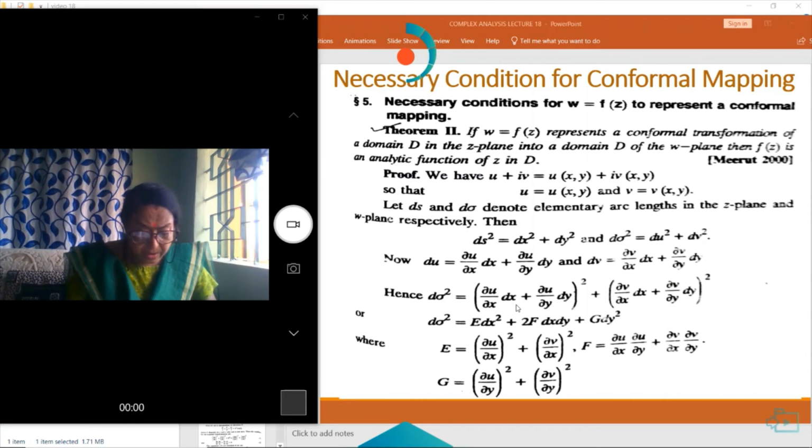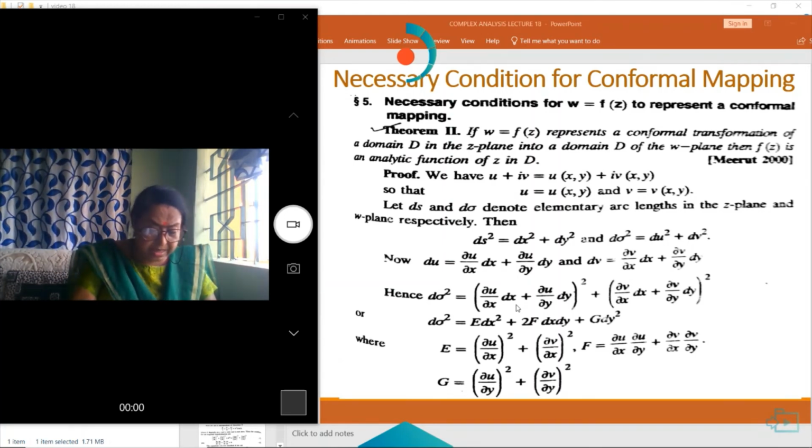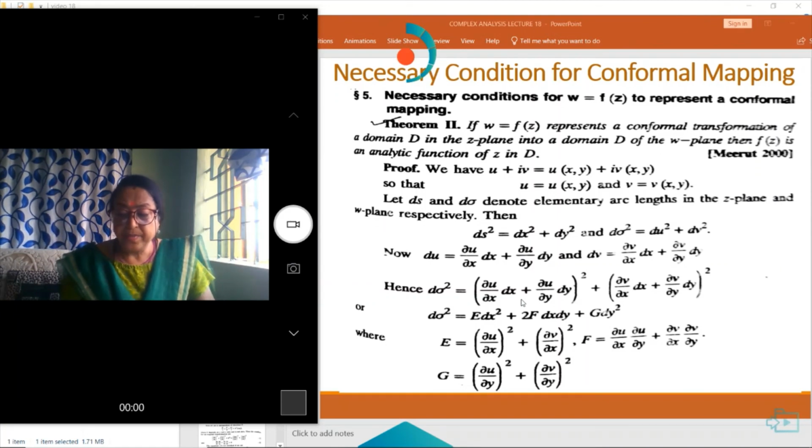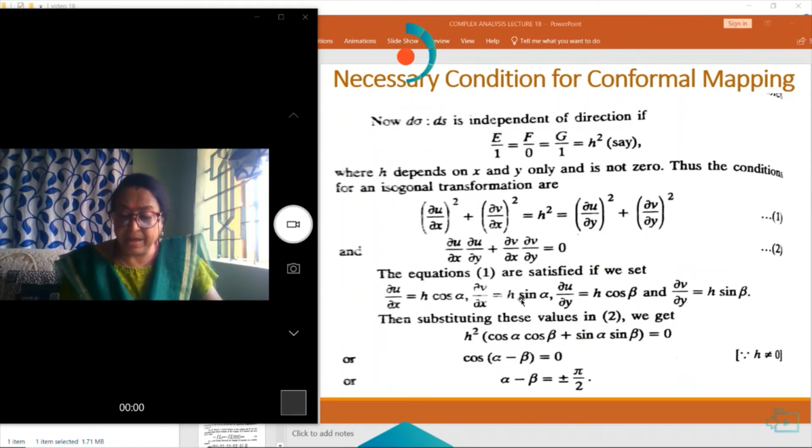Here E is equal to (del u by del x) whole square plus (del v by del x) whole square, and F is equal to this much, and G is whatever is written. So we can write E by 1 is equal to F by 0 is equal to G by 1 is equal to H square.